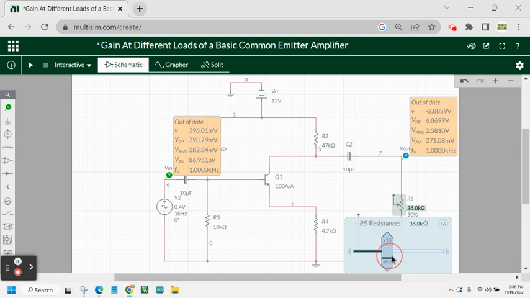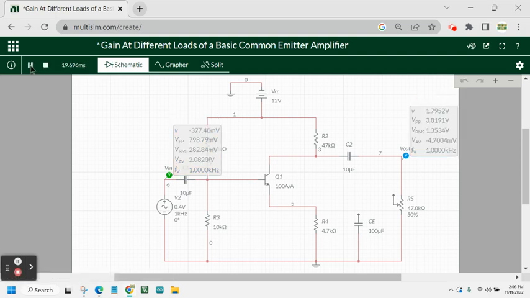So what will happen with our output voltage? So we have a 47 kilo ohms load resistor, and the input is still the same. It's still 0.8 volts peak to peak voltage. And let's see what will happen.